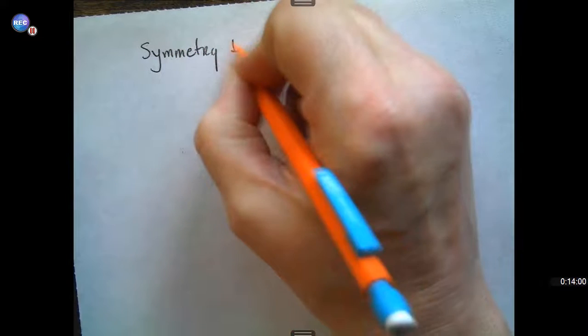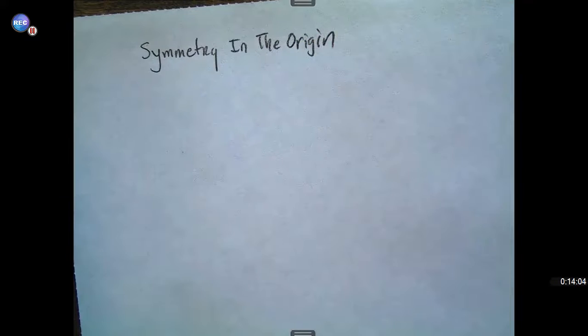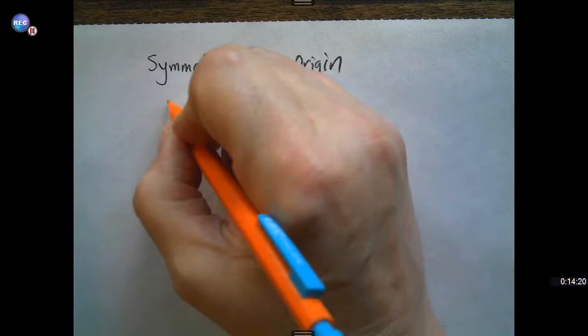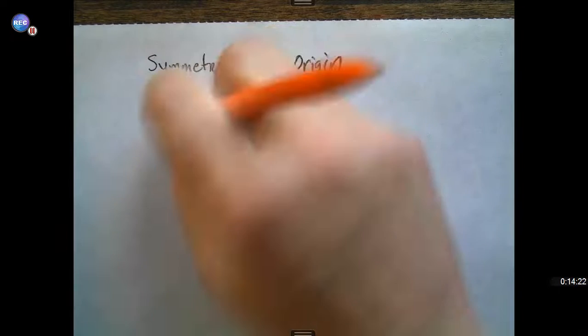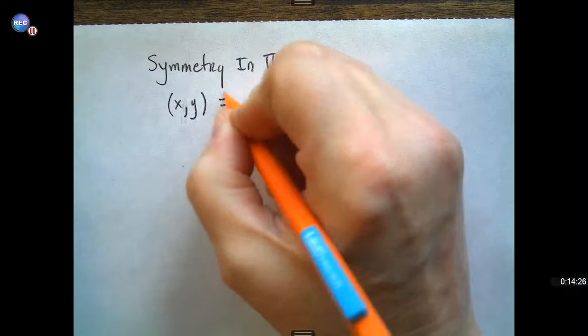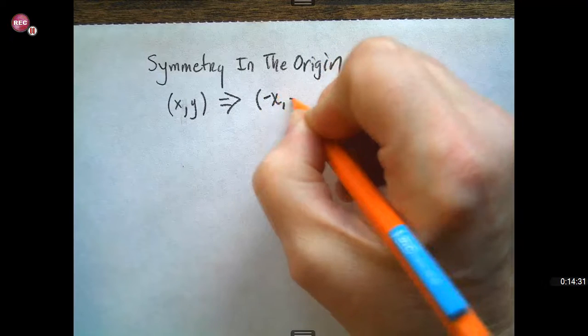And symmetry in the origin is kind of cool, because what it does is basically it reflects it over the x-axis, then it reflects it over the y-axis. Okay, it's double that. So in order to check for that, xy gets mapped into minus x, minus y.